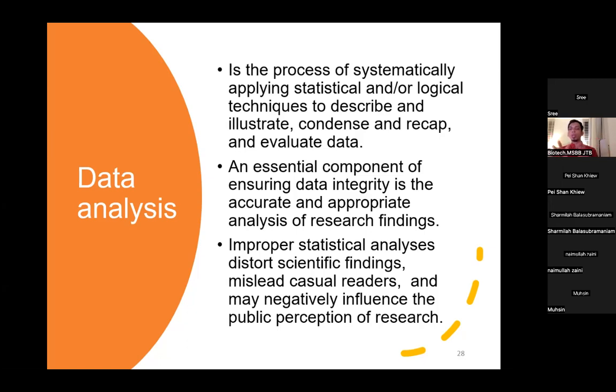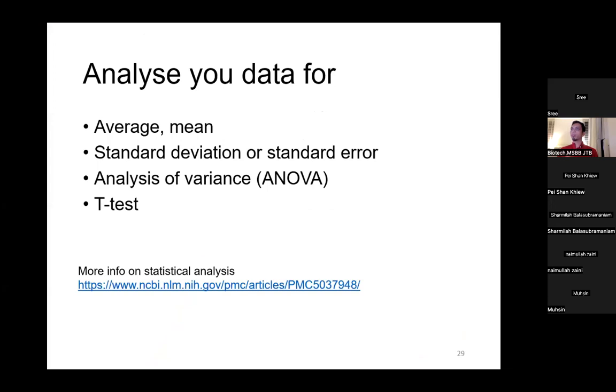So we are using different statistical analysis, and then they will give a different p-value, whether significant or not significant. Actually, we should use ANOVA, but we are using a different statistical method. So that kind of thing should also get some attention. Improper statistical analysis distorts scientific findings, misleads casual readers, and may negatively influence the public perception of the research.